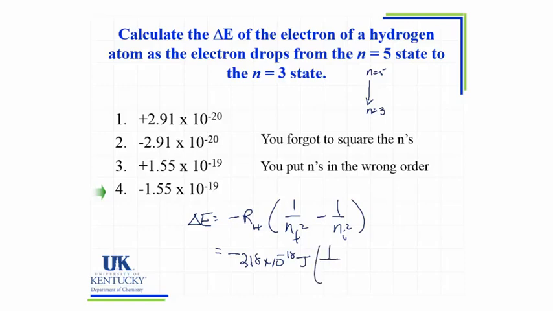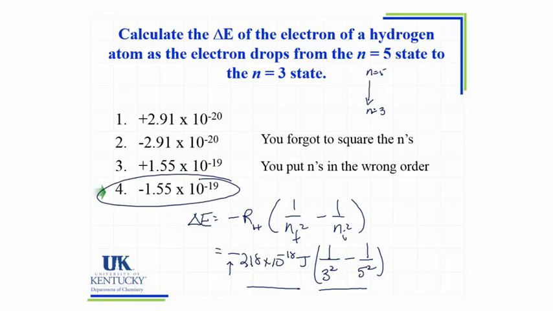Final, where it ended up, was 3, we square that. Initial, where we started, was 5, we square that. Now you'll do the subtraction first, and then multiply, and then don't forget to change the sign, and that will give you that answer. So now we know the change in energy of the electron.